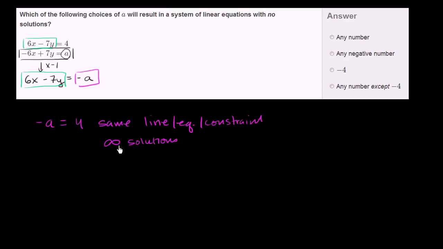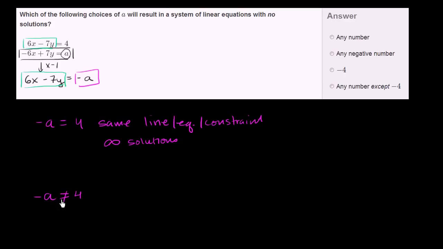On the other hand, if negative a is not equal to 4, then there's no way that anything will satisfy both of them. Here you're saying, whatever your x's and whatever your y's, take 6 of your x's, subtract 7 of the y's, you get 4. If here you take 6 of the x's and subtract 7 of the y's and you get a different number, then there's never going to be an x and a y that satisfy both of them.